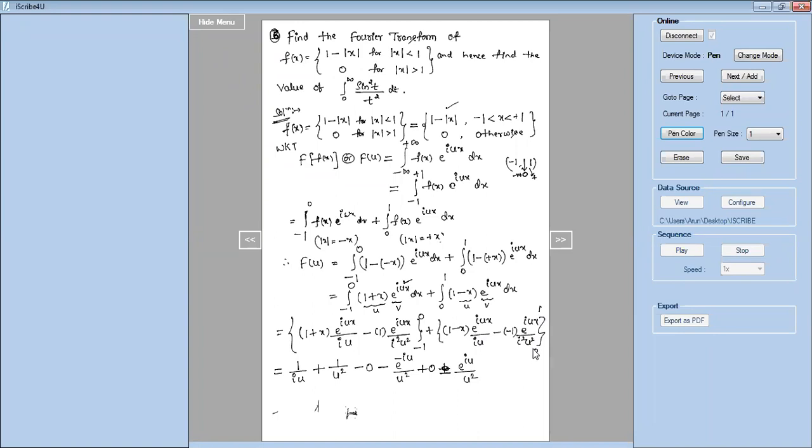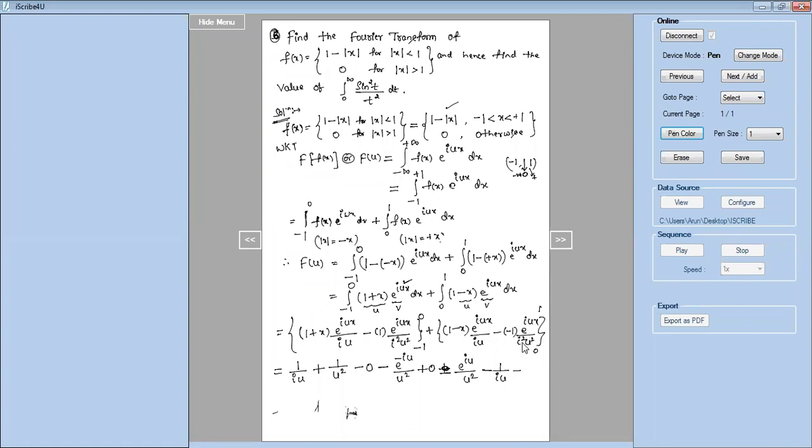Next, lower limit, put x is equal to 0. See, minus lower limit. When I put x is equal to 0, it is 1 minus 0, 1. 1 into e power 0 is 1, 1 by iu. It is 1 by i into u. Then minus lower limit. This is minus. See, here if I put x is equal to 0, this is 1 by i square u square.